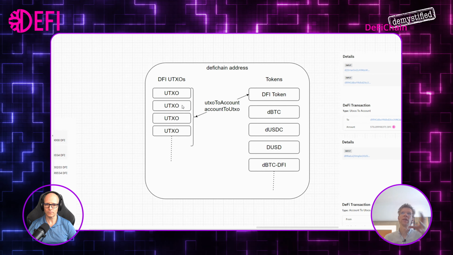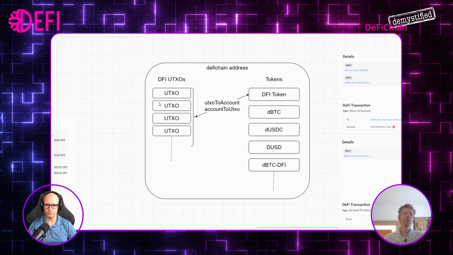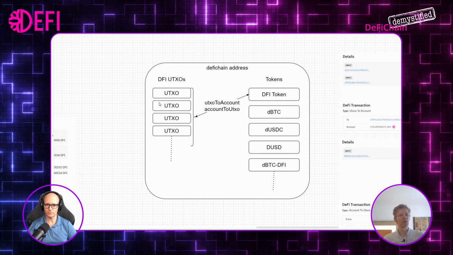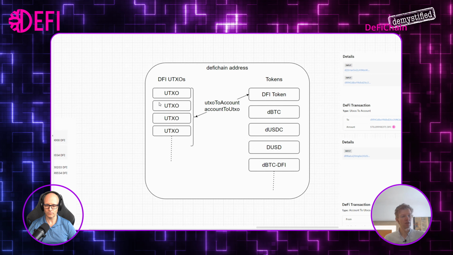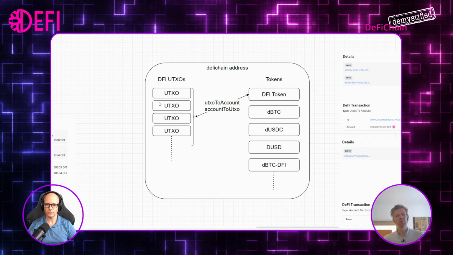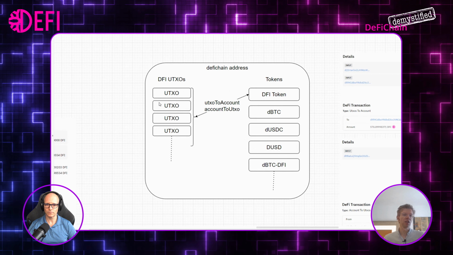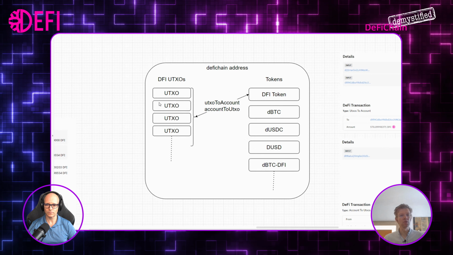And I mean, right now it should already be kind of clear why you need it, because if you want to send something on the core level, on the UTXO level, because sending DFI always happens on the UTXO level. You could do that on the token level, but the Light wallet always does it on the UTXO level.